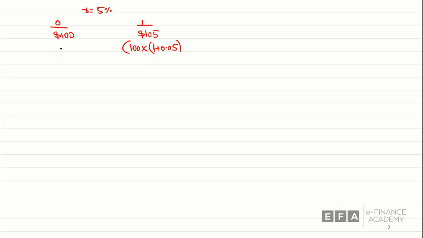So if we had invested $1 here, then it will become 1.05 after 1 year. And what that means is, if $1 becomes 1.05 after 1 year, then $100 becomes 100 into 1.05, that is 105. After 2 years, how much would our investment become?